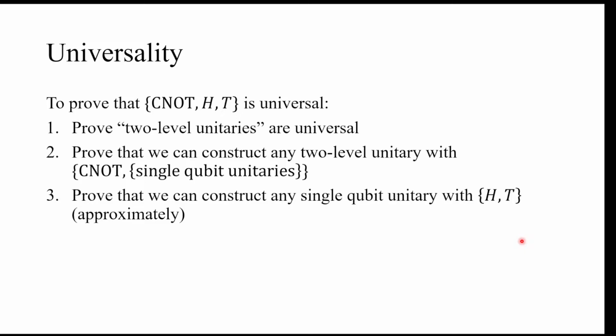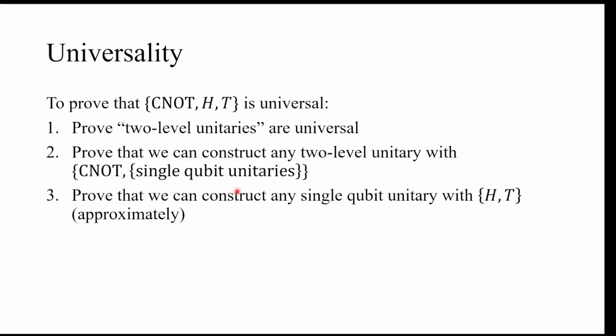This is the most popular gate set: CNOT, Hadamard, T. So we prove that you only need to be able to do these 3 operations, and then you can do any quantum operation. First we will prove that if you can do so-called 2-level unitaries, then you can do any unitary on any number of qubits. And then we'll prove that you can control any 2-level unitary with this gate set: CNOT and arbitrary single qubit unitary.